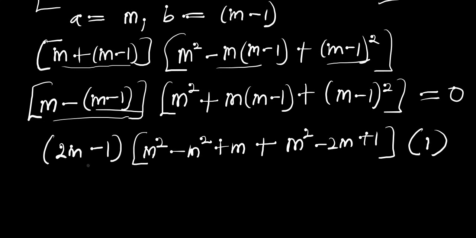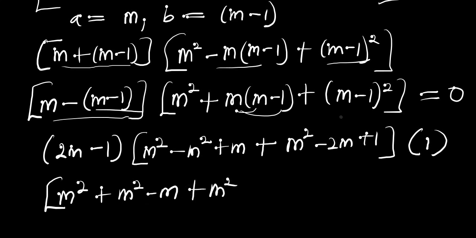Now this other one here, we are going to have m squared. Then if you expand this, we are going to have plus m squared minus m. Then we have plus m squared, if you expand this, minus 2m plus 1, and this equals 0.